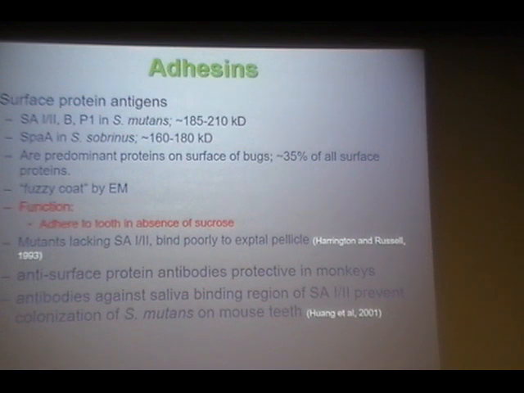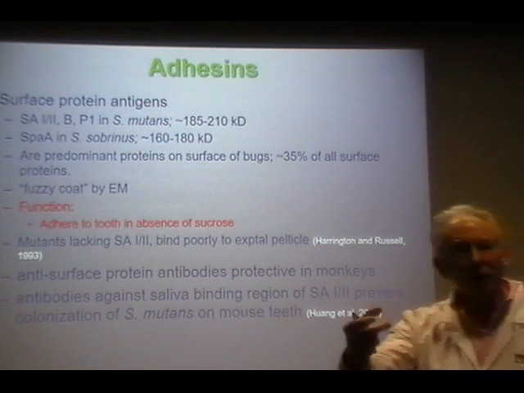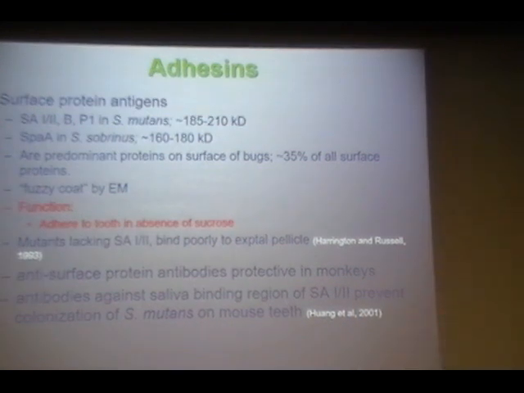The adhesins, a little bit on the adhesins. There's a lot of these surface molecules on Strep mutans and on Strep sobrinus. As I mentioned before, these are the names given in the literature for those adhesins that bind to anchoring molecules, and importantly, bind poorly to anchoring molecules. This is the name for it in Strep sobrinus.